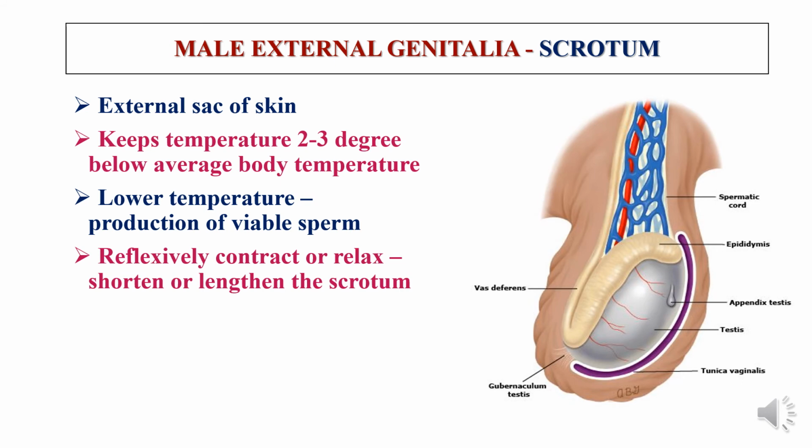With fluctuation in the temperature, if the temperature is cold, the scrotum shows contraction. If the environmental temperature is high, the scrotal sac is exposed to higher temperature, it droops down, that is, it lengthens and relaxes.